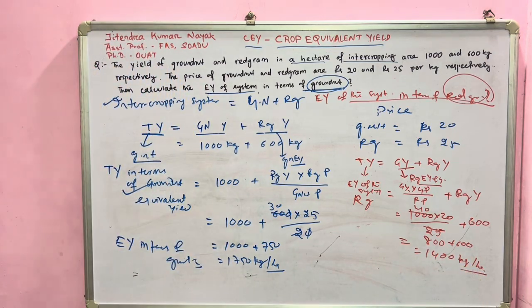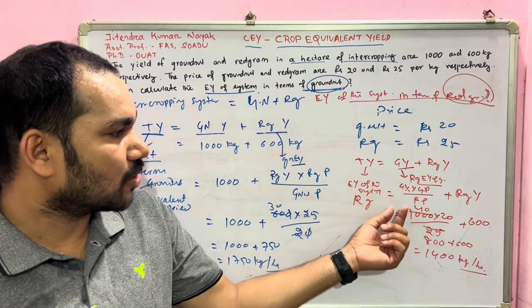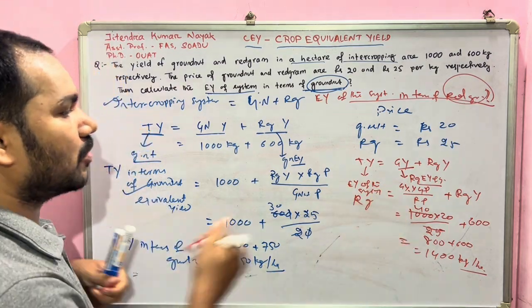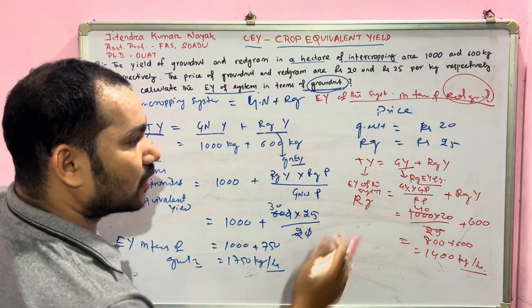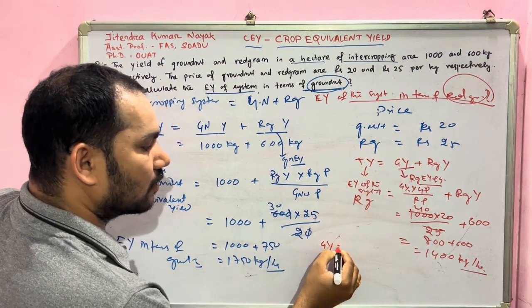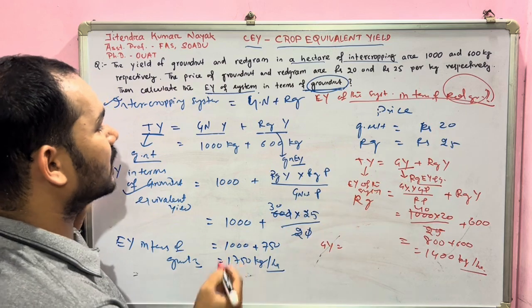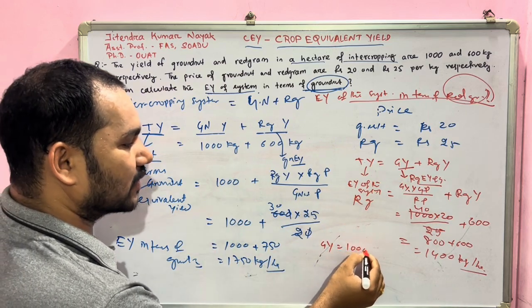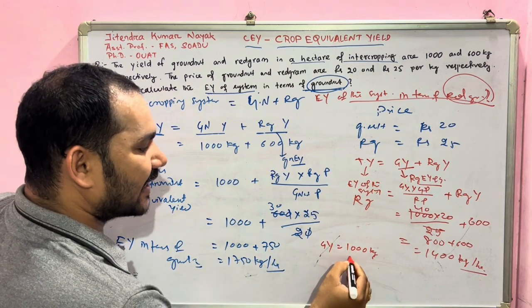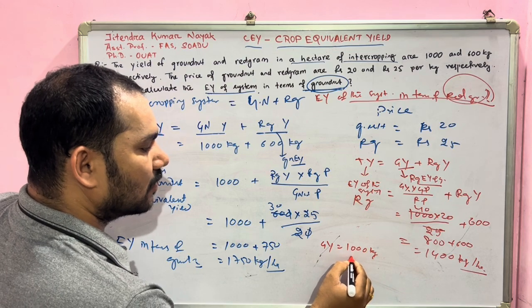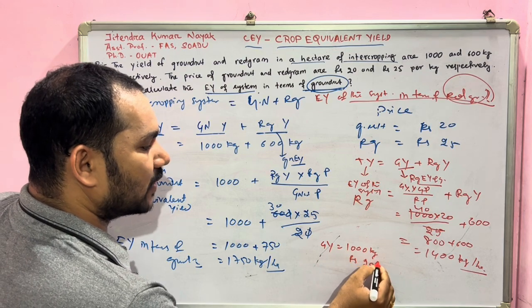So what does it mean? It means with the same price, suppose groundnut yield is 1000 and groundnut price is 20 rupees. Yes or no?